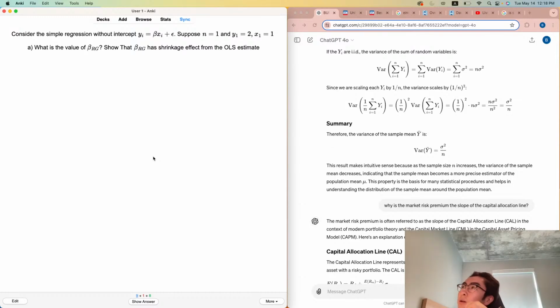Oh, right, so augment. We can minimize that function, so instead of expanding it out, we could just do 2 times -2 times 2 minus lambda beta ridge. Right, and then we add 2 lambda beta ridge, so that's equal to 0. So we just divide by 2.